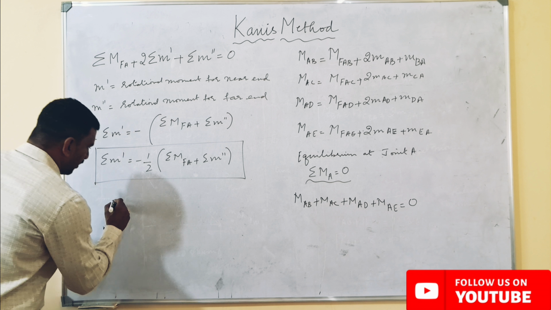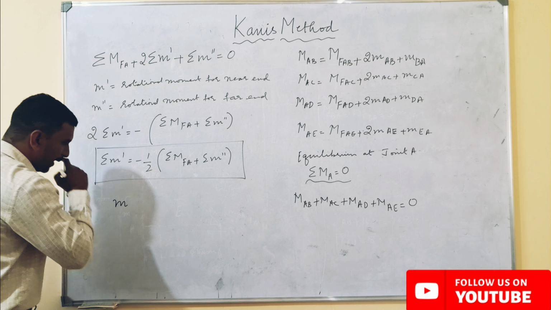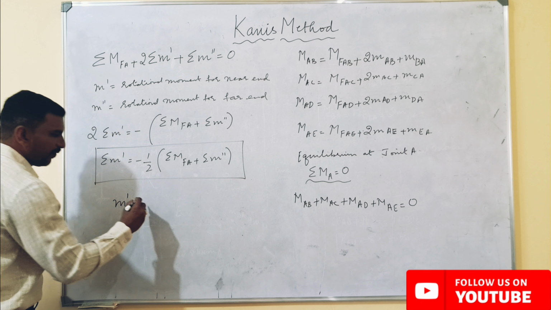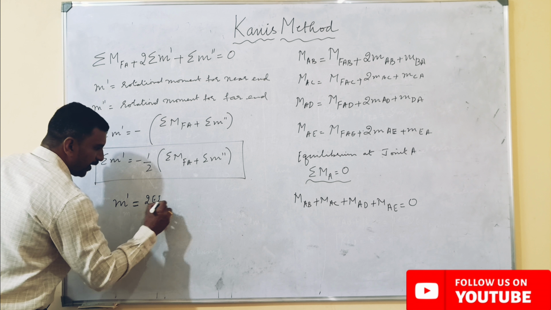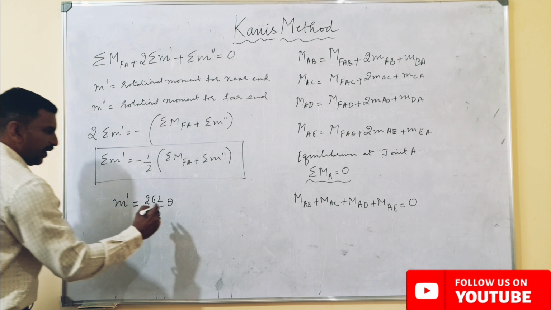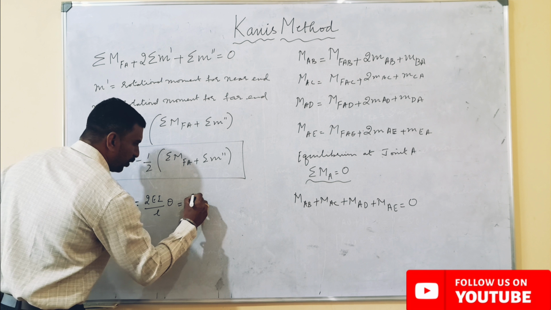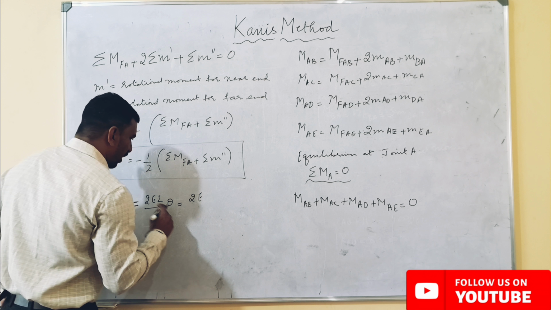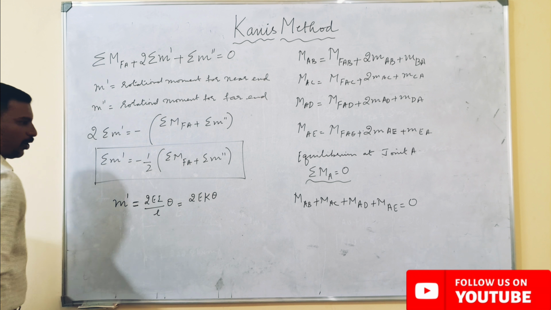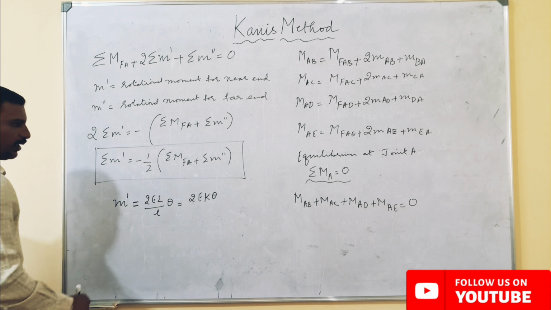So we know here that M dash is nothing but the rotational moment, which is 2EI by L into theta. This can be rewritten as 2EI by L is nothing but K, that is the relative stiffness, 2EK theta.